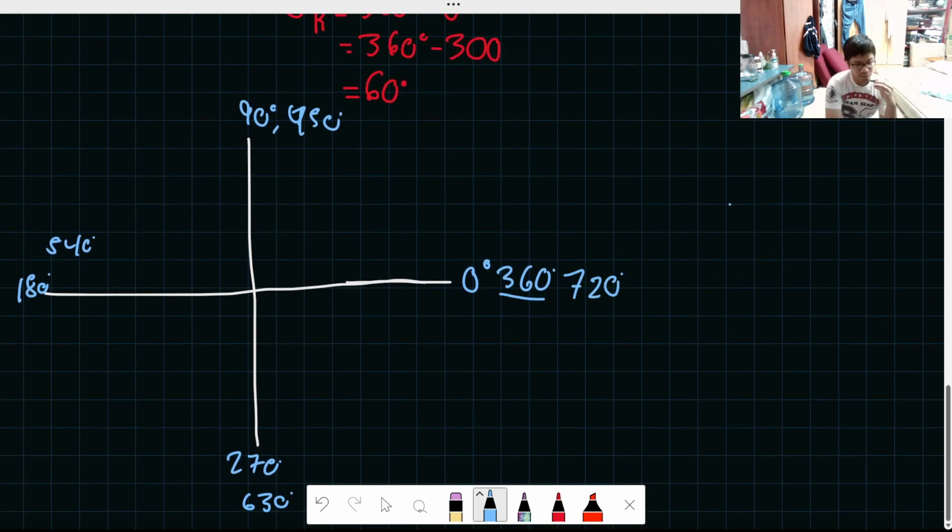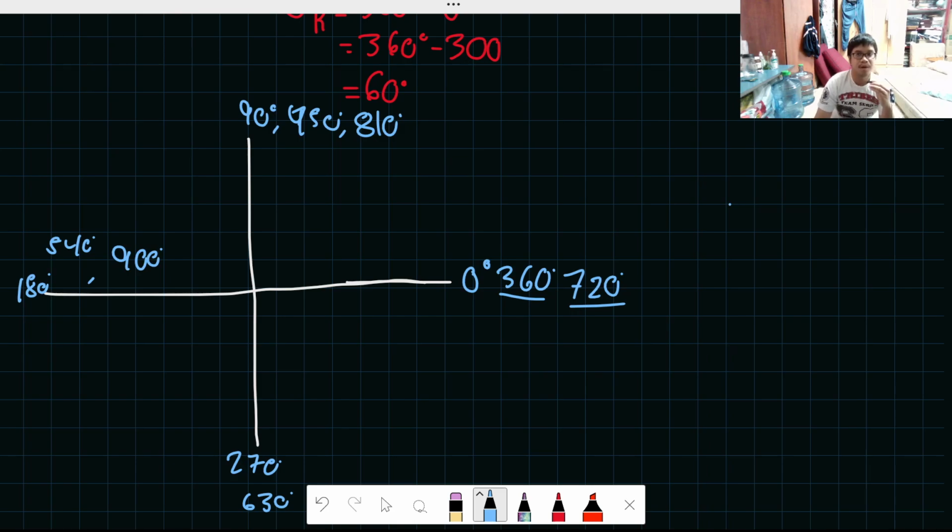So in the second revolution you will have a complete rotation of 720 degrees. Then for the third revolution, starting from 720, you will have 810 degrees, then 900 degrees, right?